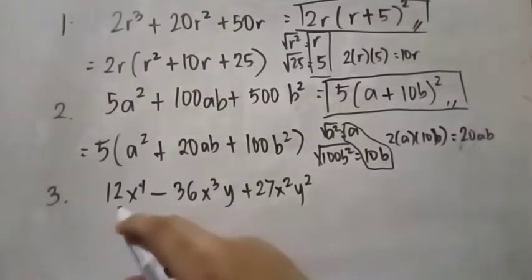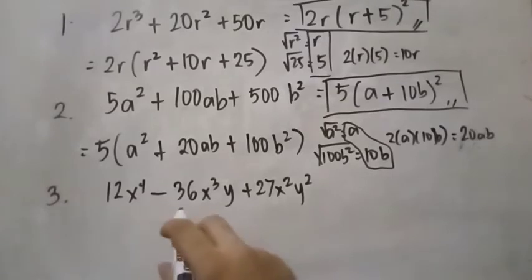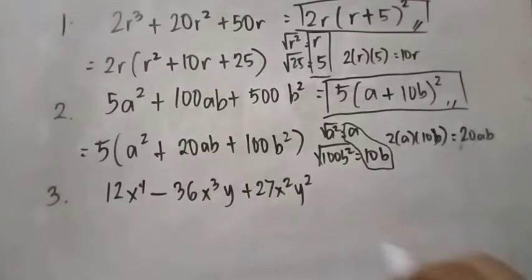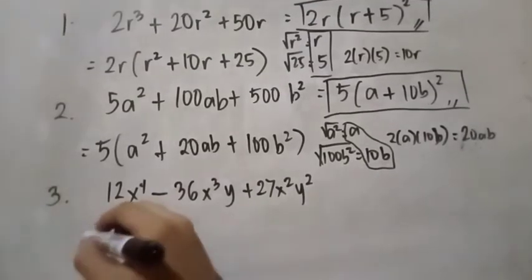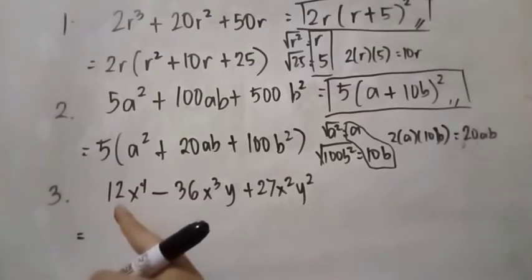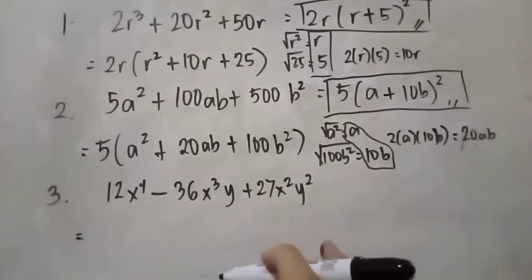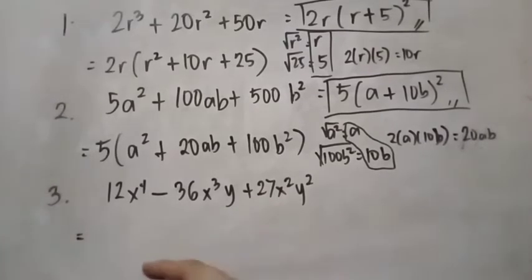Next, number 3. 12x to the fourth minus 36x cubed y plus 27x squared y squared. Okay. Ilabas muna natin si common factor. So, we have 12, 36, and 27. Parehas silang nadi-divide sa 3.